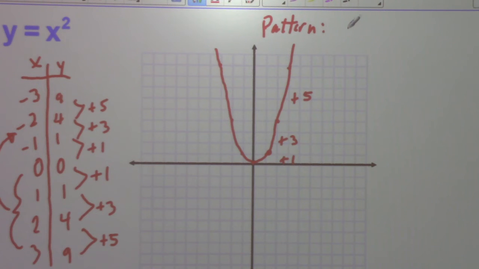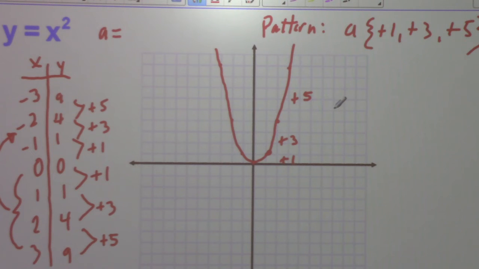If you multiply A by +1, +3, +5, you're going to have the pattern of progression for the parabola. And in this case, what is A?